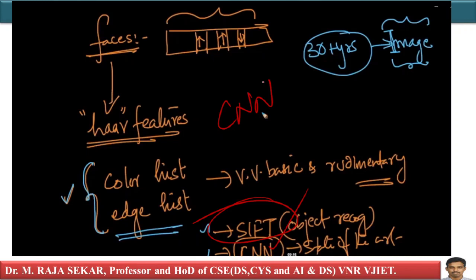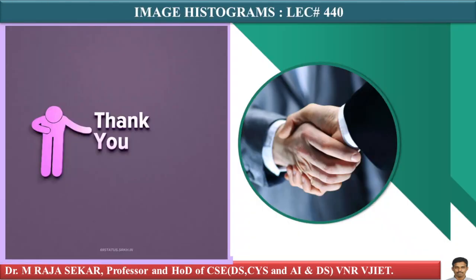There are almost 30 plus years of research on how to featureize images for various tasks. I will continue my discussion in my next lecture, where I will start discussing SIFT. Just go through it.